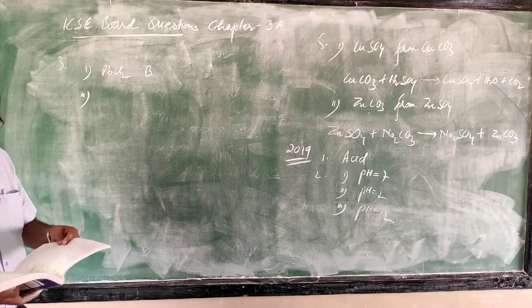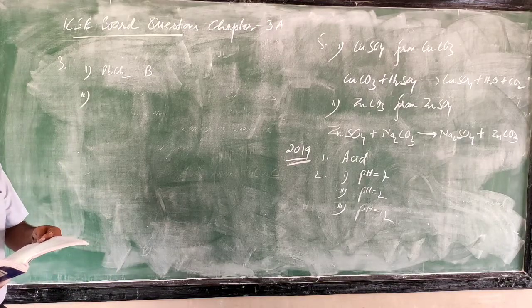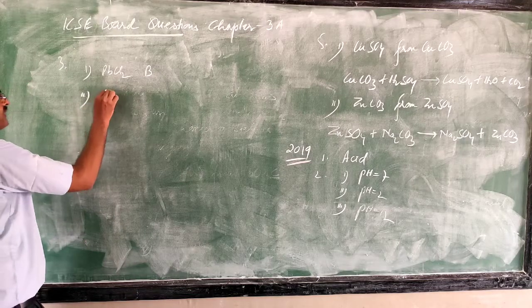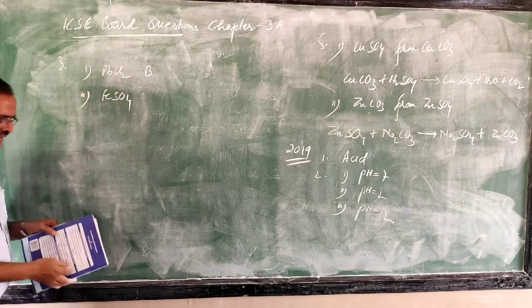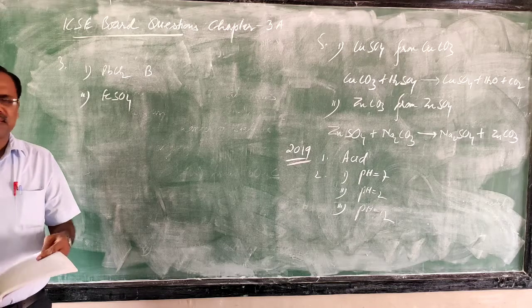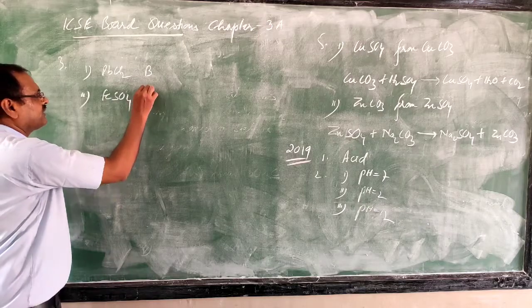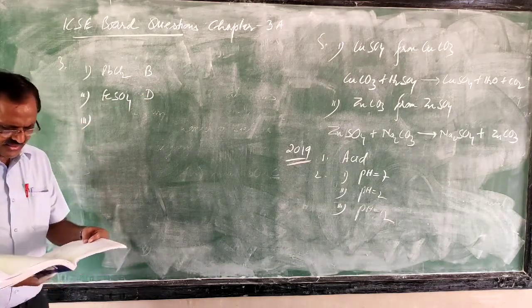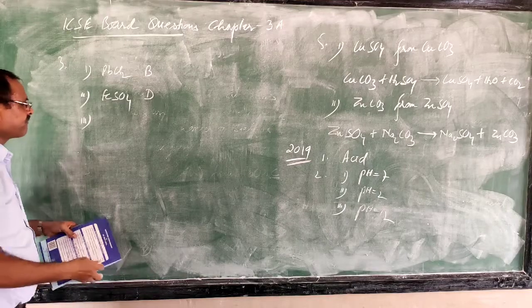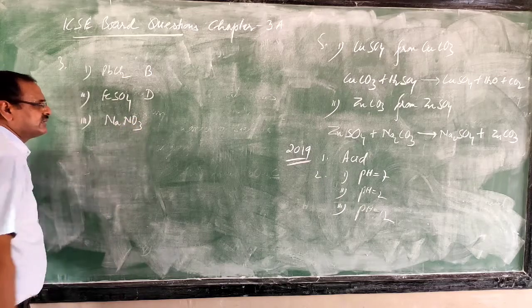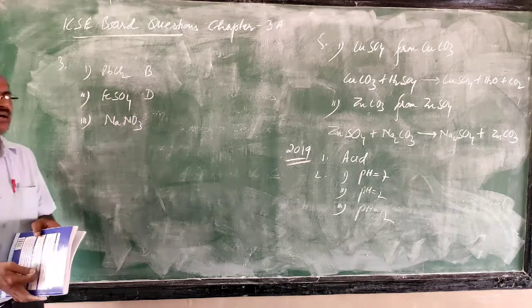Second one, iron(II) sulfate, displacement is there. This iron(II) sulfate by displacement, yes, substitution is given, that is also correct. D. Then third one is sodium nitrate. Sodium nitrate, this is by utilization of an alkali, or titration.